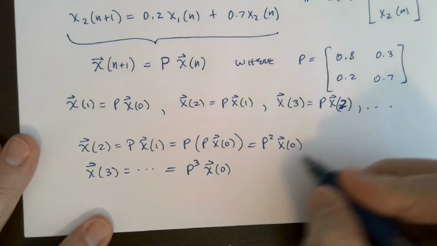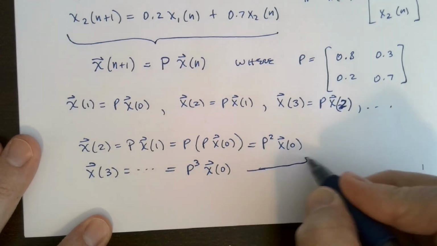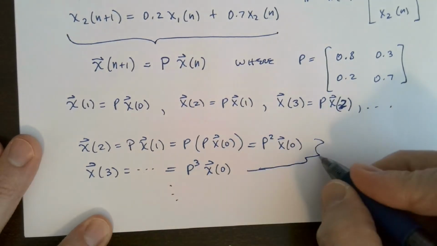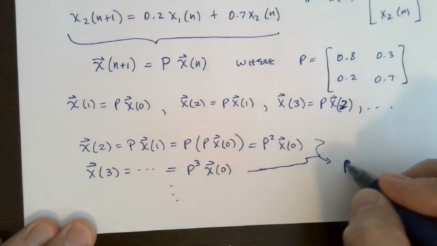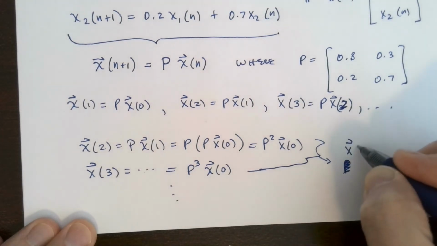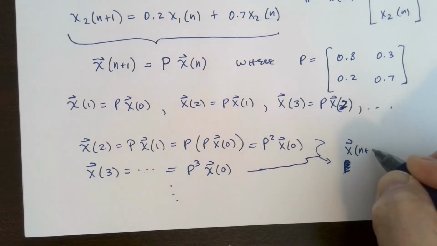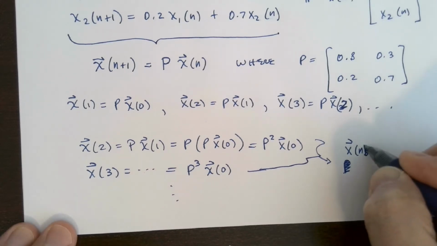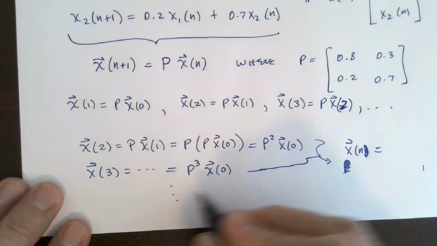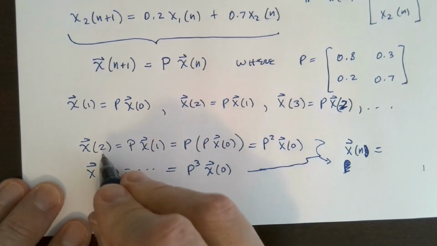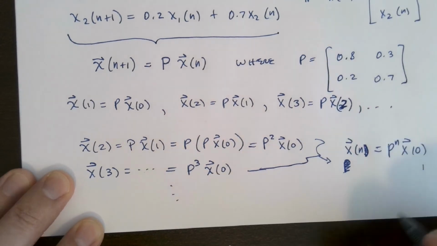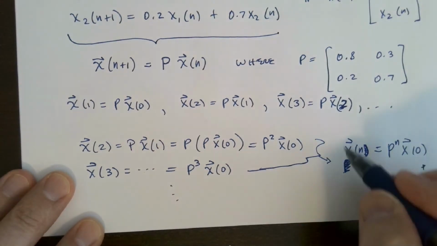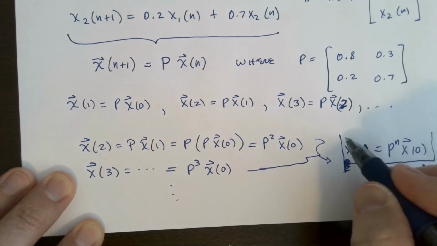And so from this trend to continue, we see that x to the n is equal to what? If it's 3, it's P cubed. If it's 2, it's P squared. It's equal to P to the n times the initial values of the vectors there. Sorry, I'm not doing well this morning.